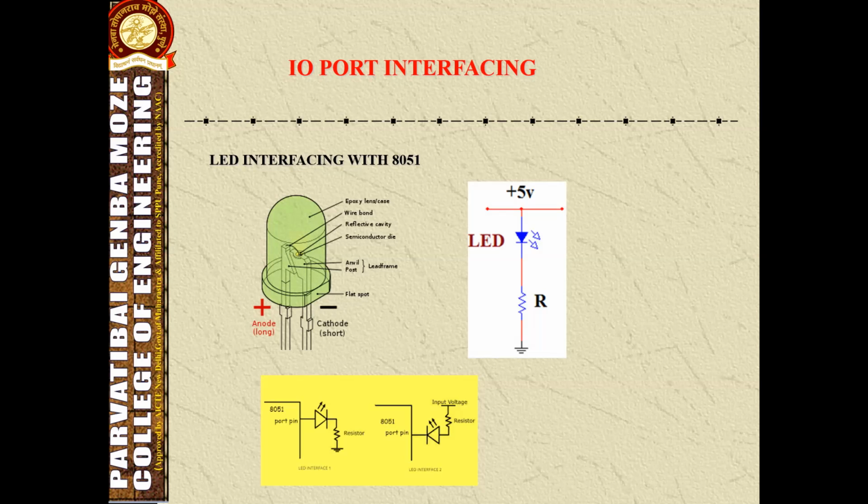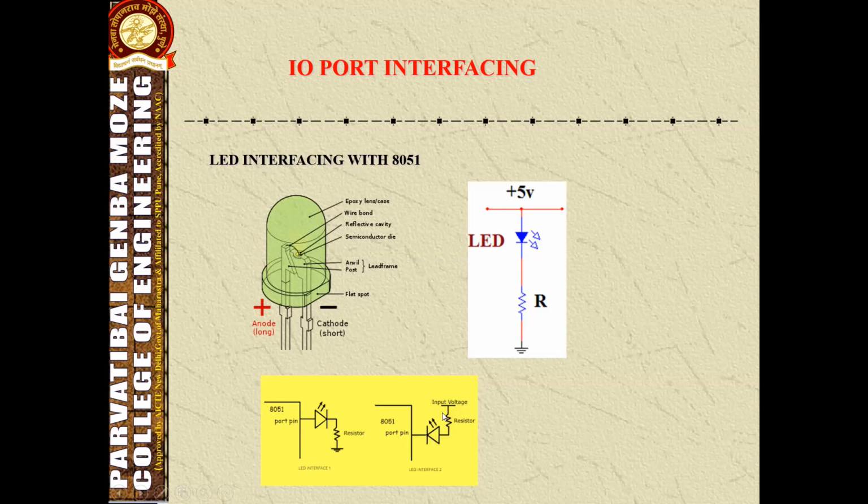It provides only a very small amount of current, so the LED will not glow with high intensity. It will glow with low intensity, or look like just blinking, as if something is blinking inside the LED.